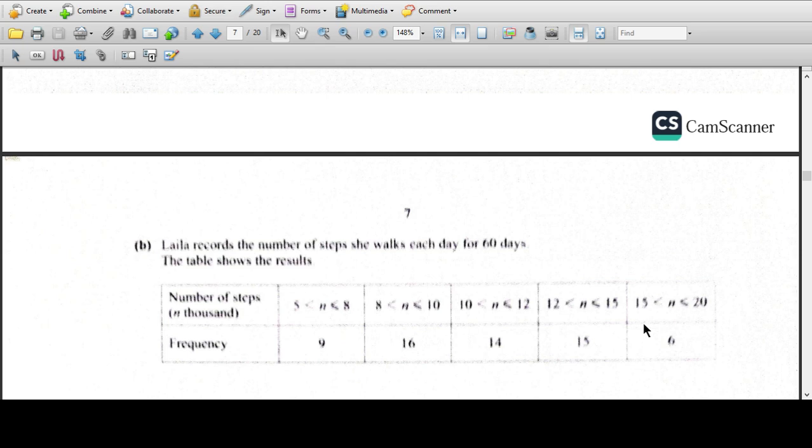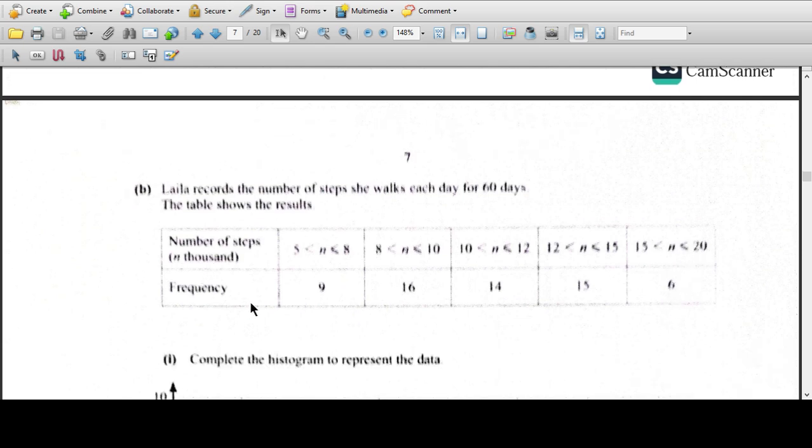The table shows the result: 5,000 to 8,000 steps for 9 days, 8,000 to 10,000 for 16 days, 10,000 to 12,000 for 14 days, 12,000 to 15,000 for 15 days, and 15,000 to 20,000 for 6 days.